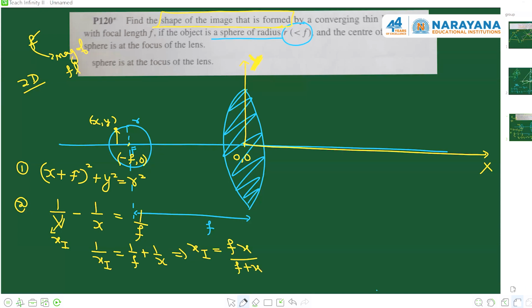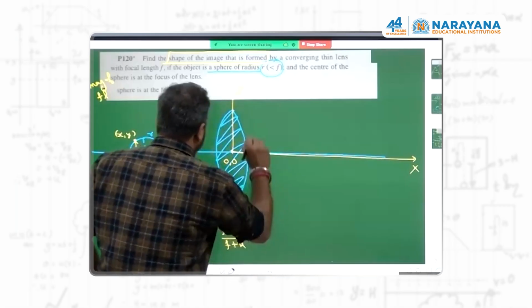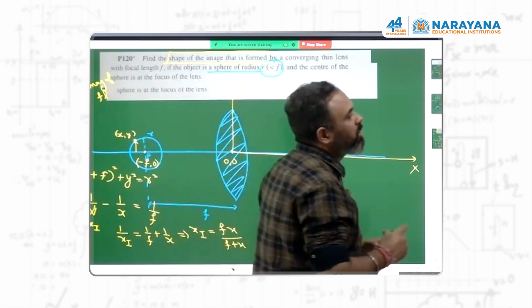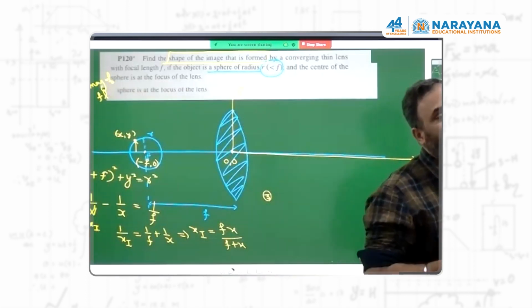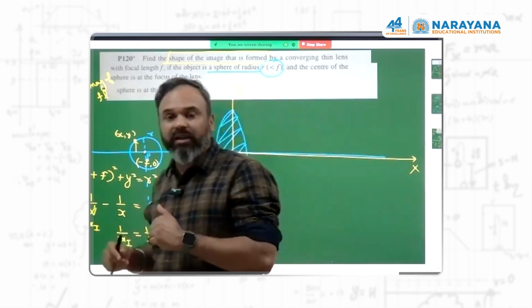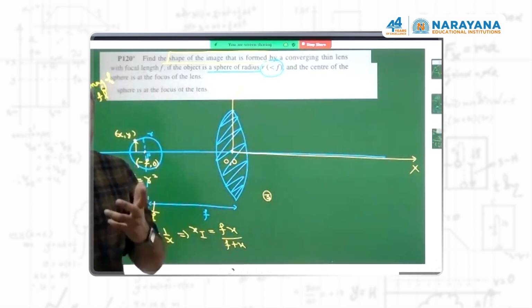I'll use it afterwards. Now I'm thinking of finding out the y coordinate of the image also, and then I want to find out the equation of the locus of those x_i, y_i's, and that locus can give me the shape of the image form.